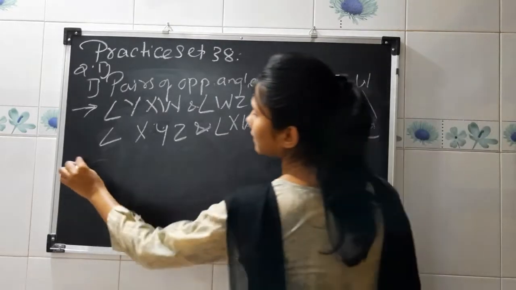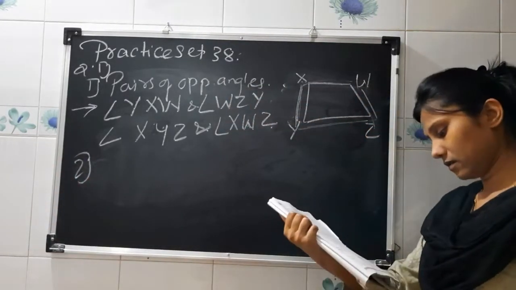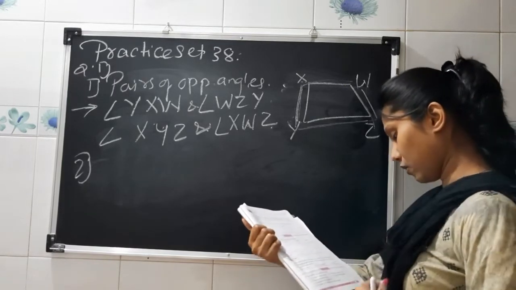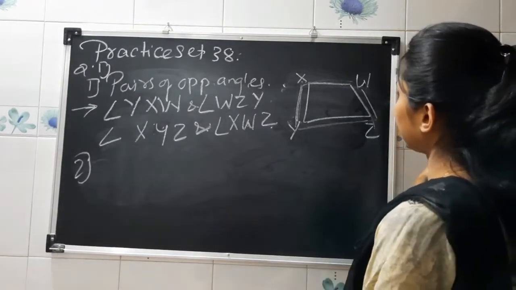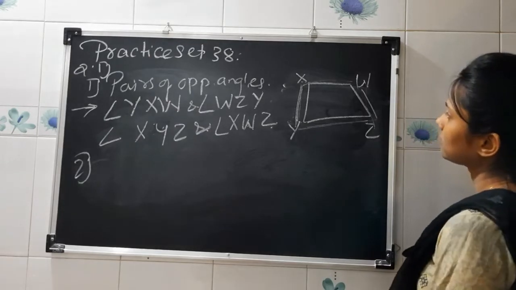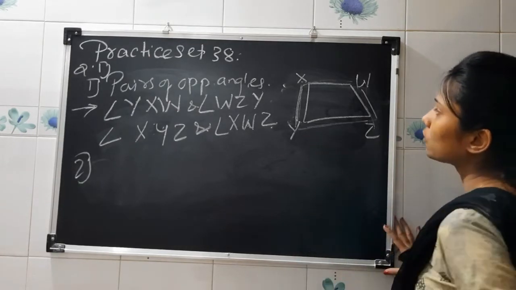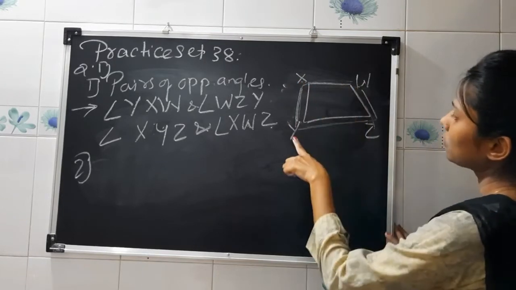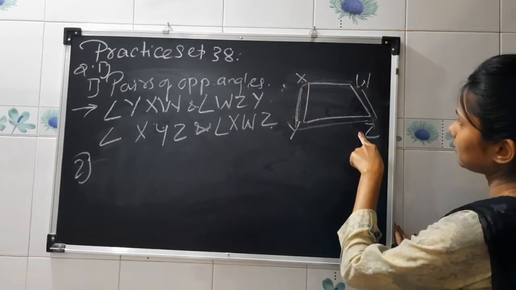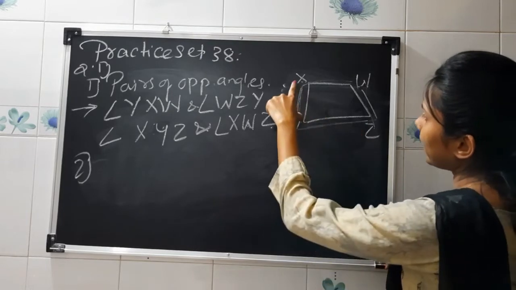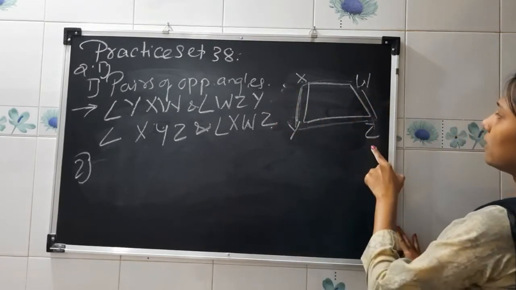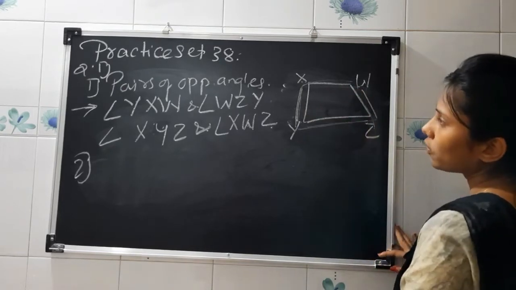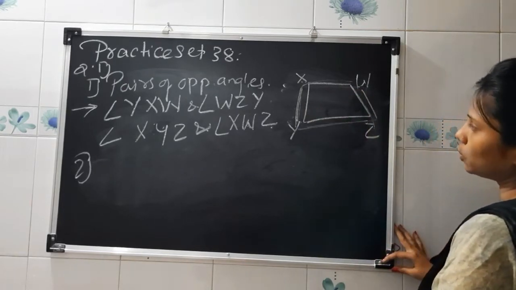Then the second, the pairs of opposite sides. Which are the opposite sides? See, opposite sides: side XW and side YZ. Similarly, side XY and side WZ are the opposite sides of quadrilateral XYZW.